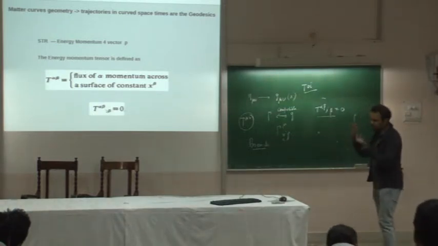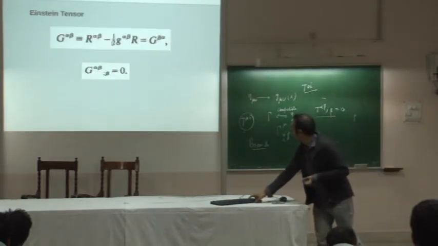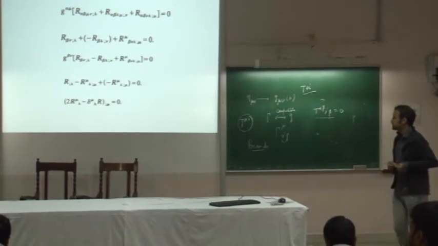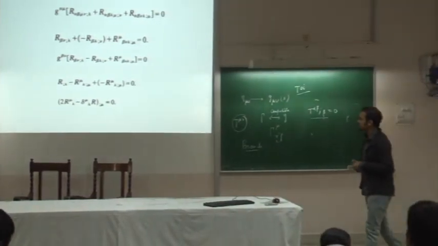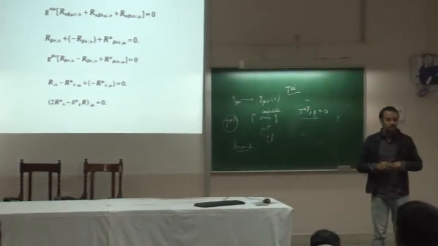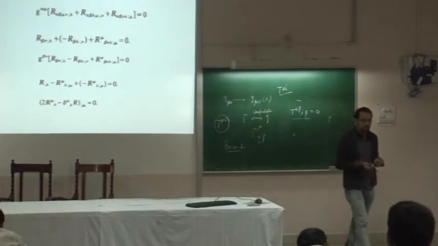It's a covariantly conserved quantity, and as we just saw, we have a quantity like this, which is also covariantly conserved, and this is purely geometric. So it is reasonable now to relate these two, and that is what Einstein did.